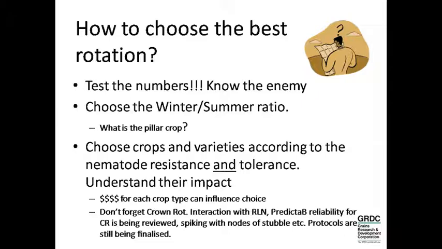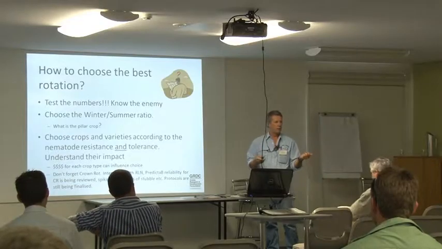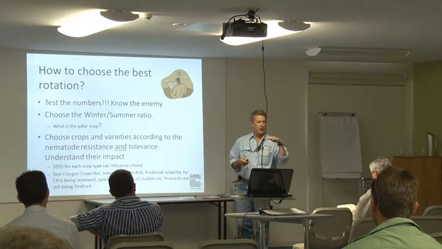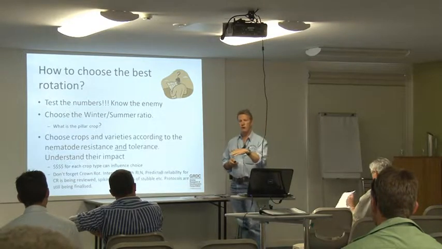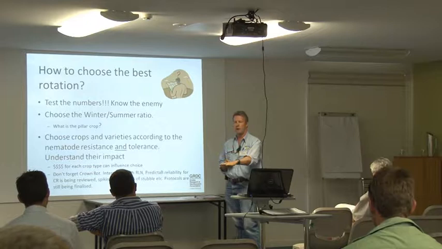The other thing you've got to work in, and it depends geographically where you are, is the winter to summer ratio of crops that you're going to grow. We heard before that a lot of the summer crops are inherently resistant, and in those parts of the world, the thornei numbers will be low.